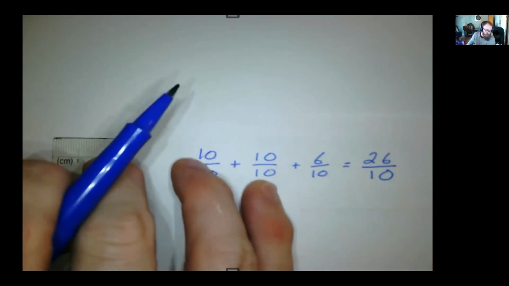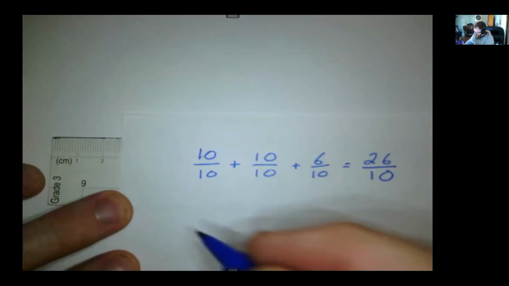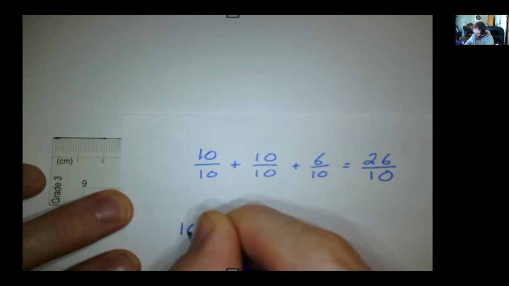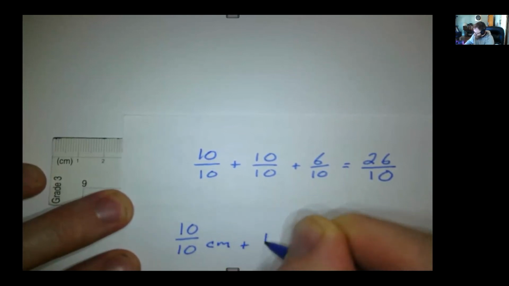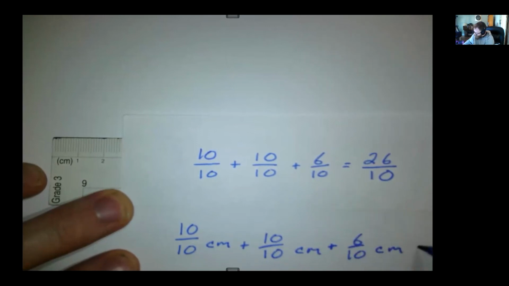So what this really looks like is 10 tenths centimeters plus 10 tenths centimeters. Your paper should be looking like mine. Plus 6 tenths centimeters equals 26 tenths centimeters.